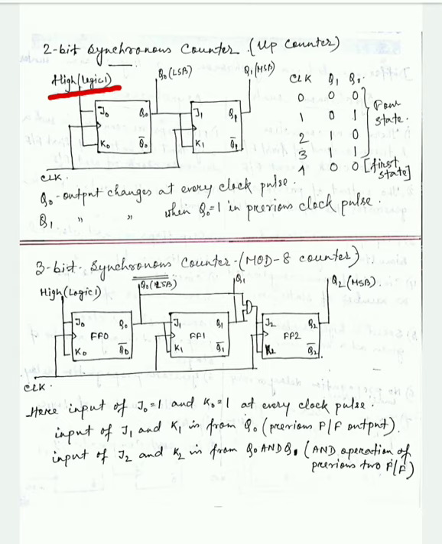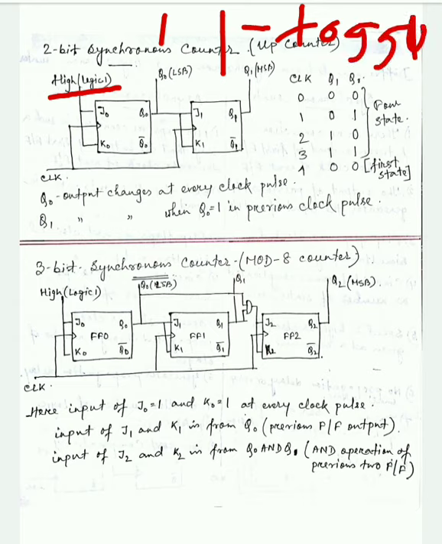Because we have already studied the truth table of the JK flip-flop. We can give the input value either 0 0, 0 1, 1 0 or 1 1, but here we use the input value 1 1 for the flip-flop. Why? For this flip-flop, the JK flip-flop will be in toggle case. You know what is toggle case?